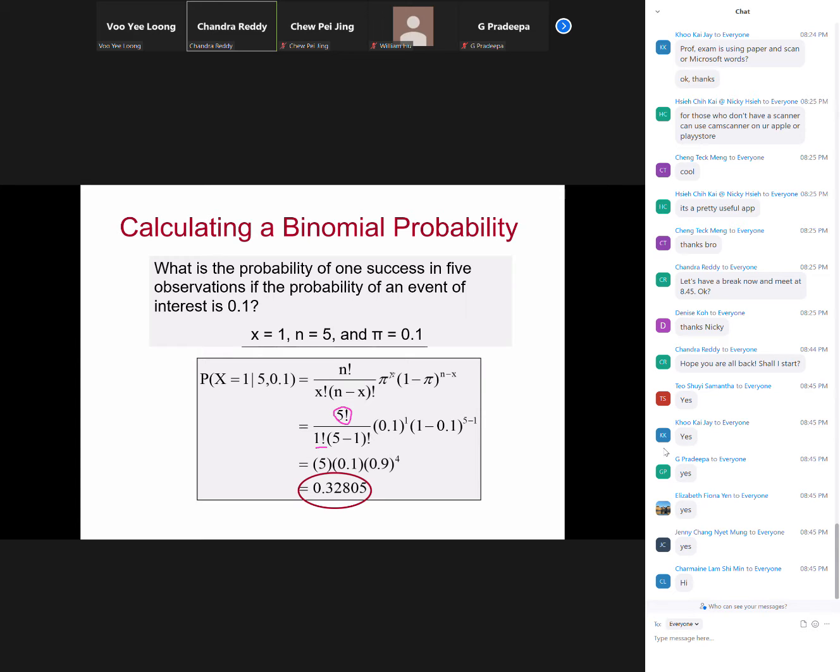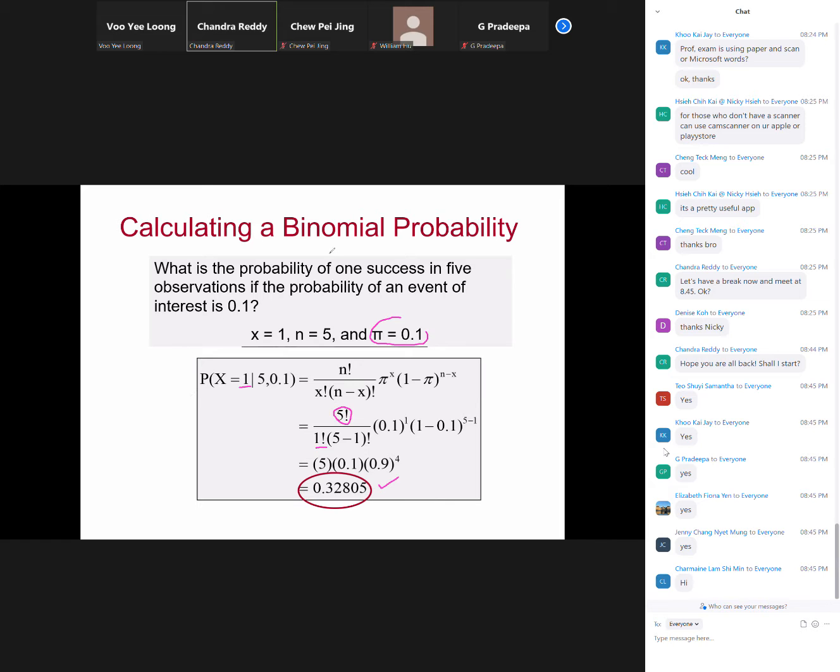Then pi is given as 0.1, so 0.1 to the power of x, where x is 1. Then 1 minus pi, to the power of n minus x, so 5 minus 1. If you do this calculation, you get the final value of the probability of x equal to 1.